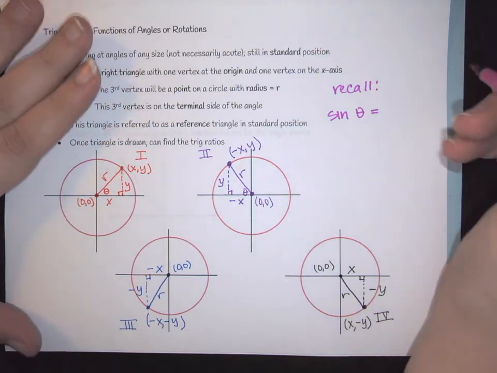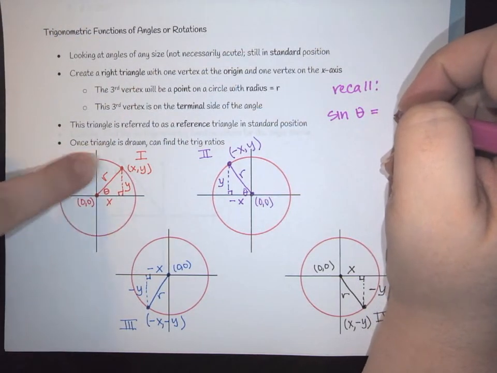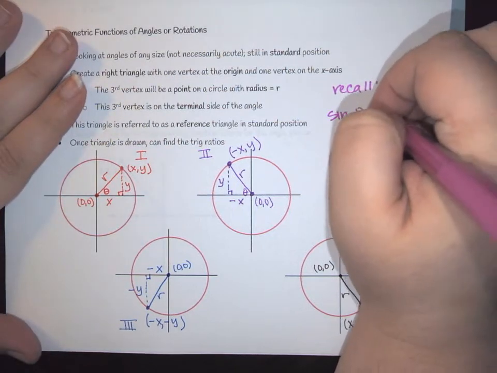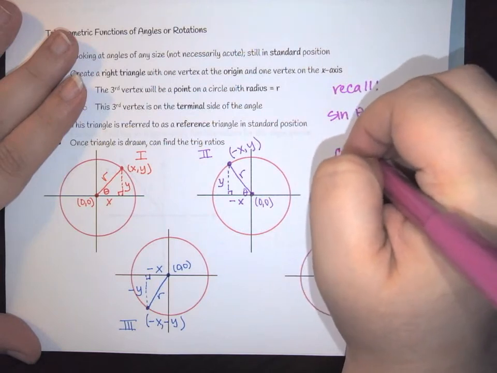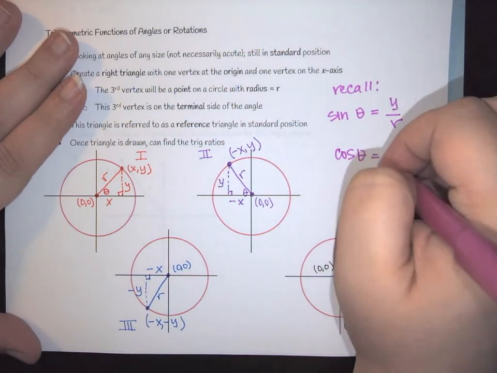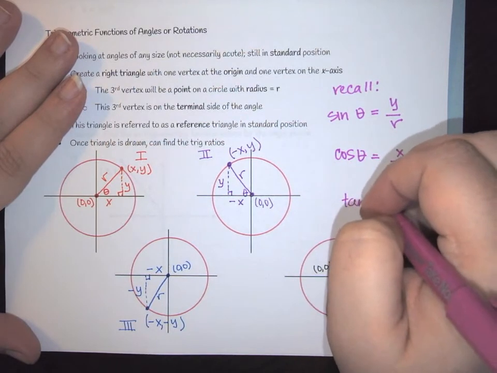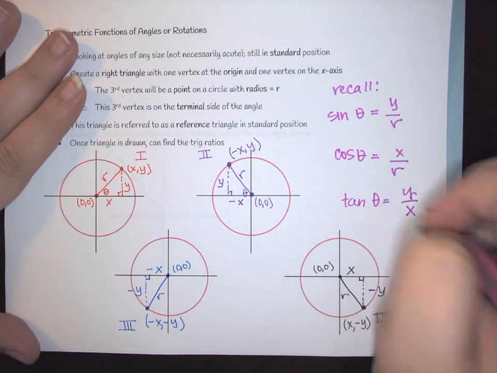So in reference to my first circle, my sine is going to be y over r. It means my cosine of my angle is going to be x over r. And it means my tangent of the angle is going to be y over x.